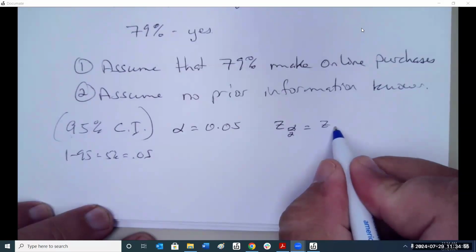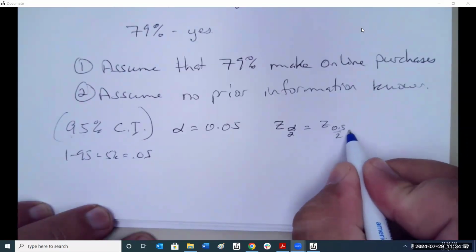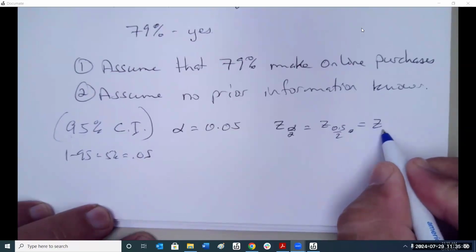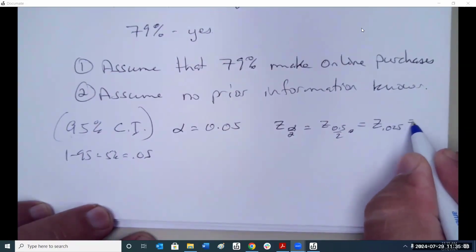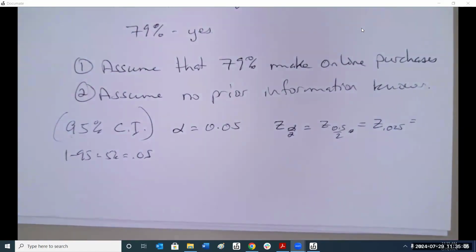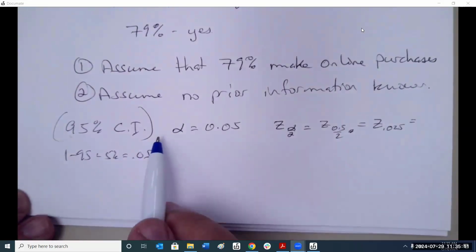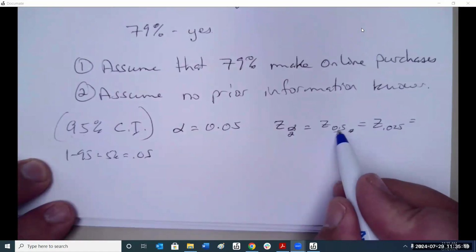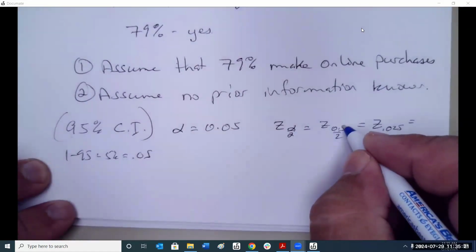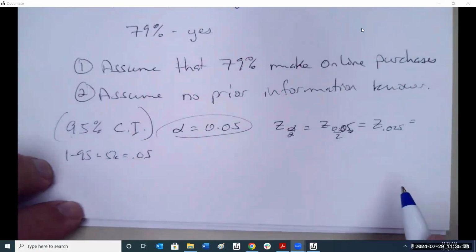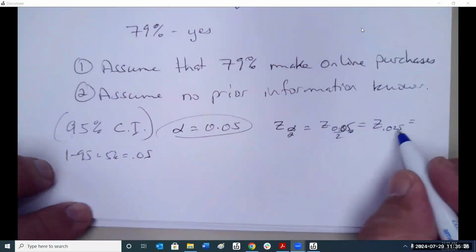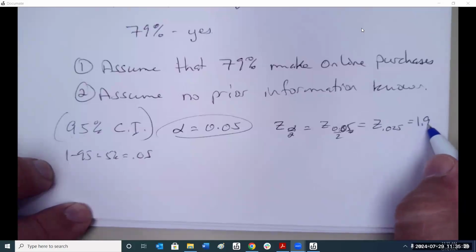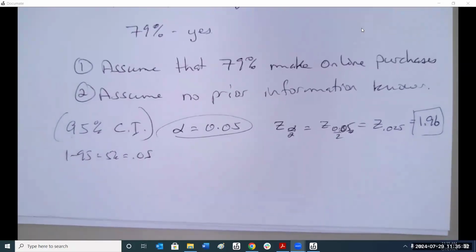It's Z of 0.025. That's why we did those charts earlier, because they're always going to be the same. So it's 0.05 over 2, which makes it 1.96. That's our Z value.